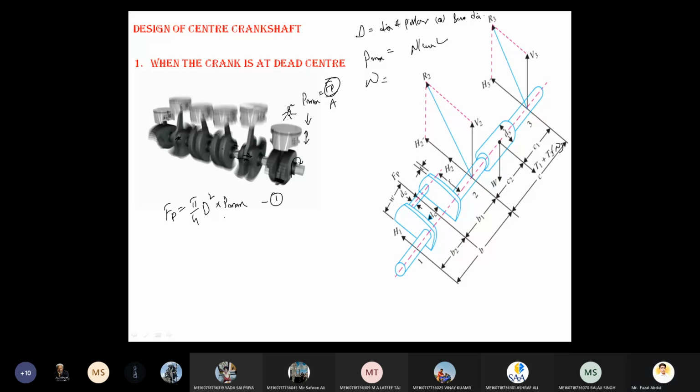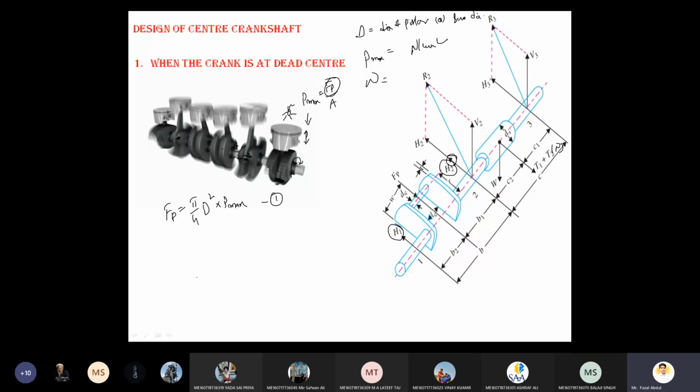Now, due to the piston gas load acting horizontally, there will be two horizontal reactions, H1 and H2. What are those reactions?